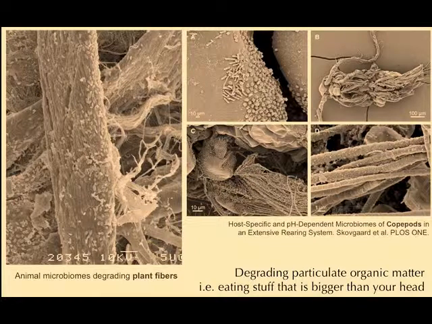And so, to start converging with this lengthy introduction, we have projects starting on animal-associated communities, in particular things that degrade plant fibers in cows. That's why I put that there. But we have been working for most of the time I've had my lab on marine particles. So for the rest of the talk I'm just going to talk about that.